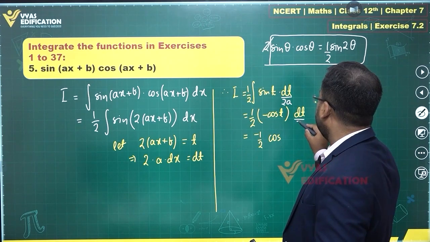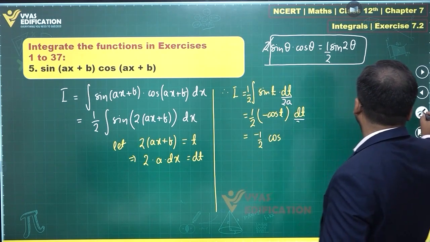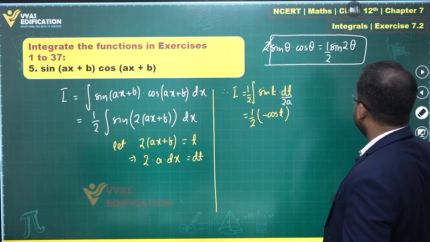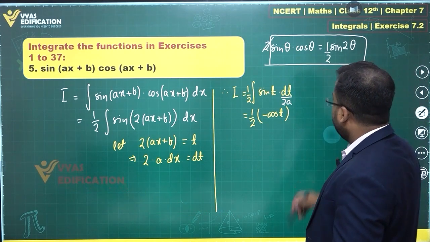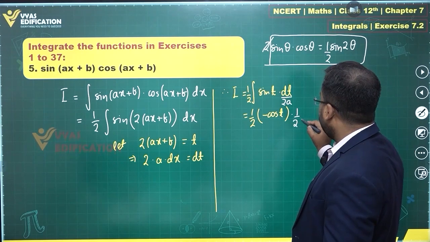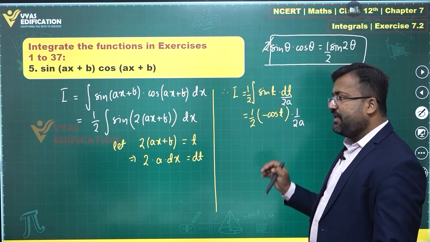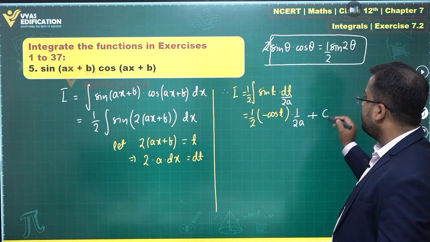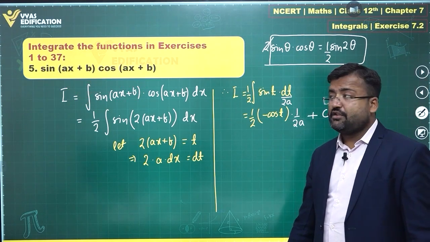So dt upon 2a, and at this stage what do I have? I'll have a 1 by 2a. Okay, the integral of sine t is minus cos t, 1 upon 2 is already there, 1 upon 2a is already there, and you'll have a constant of integration, right? Let's not miss out on things.